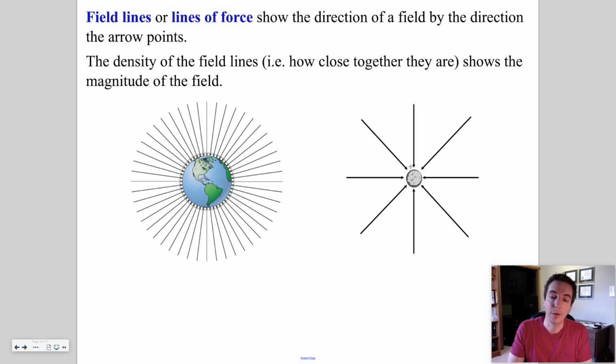And we also notice as we move away from the source of the field, whether it be the moon or the Earth, the field lines get further and further apart, indicating that the strength of the field gets less and less as you move away from the source of a field. That same thing applies for next year when we start talking about electric fields and magnetic fields as well.